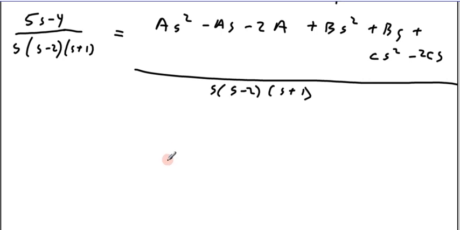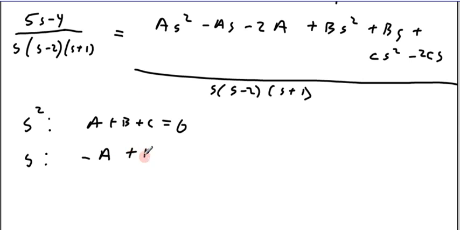Okay, I look at my s squared term. I find that a plus b plus c has to be 0. I look at my s term, minus a plus b minus 2c has to be 5.